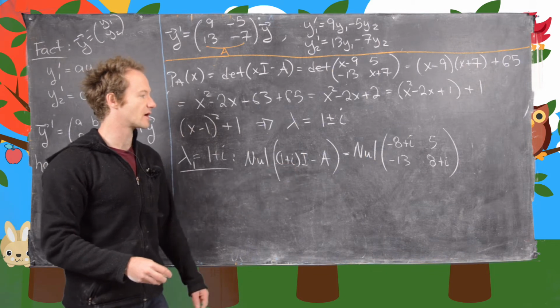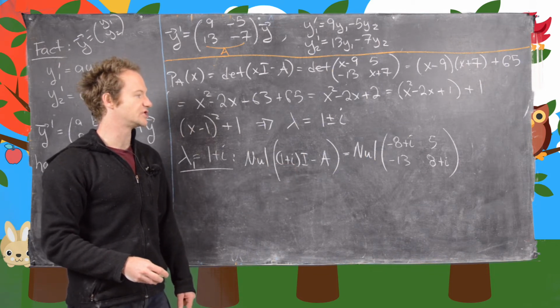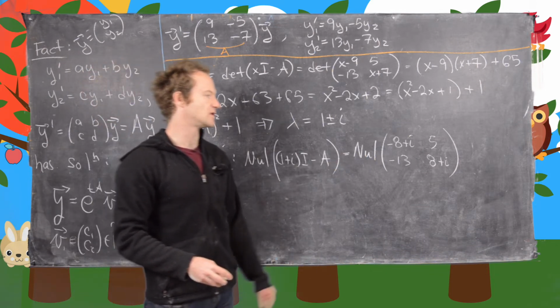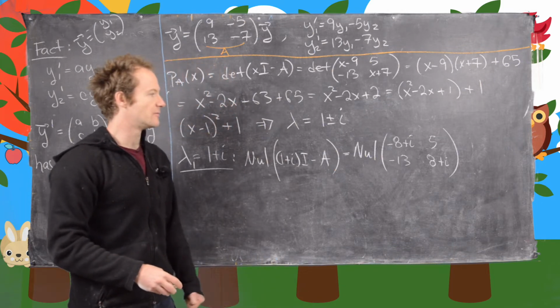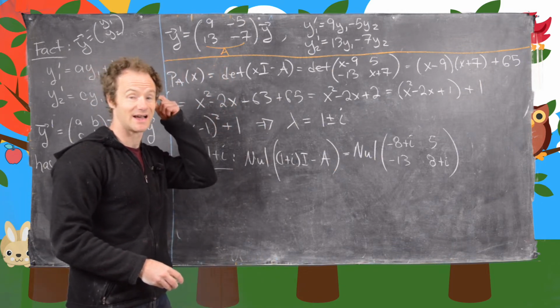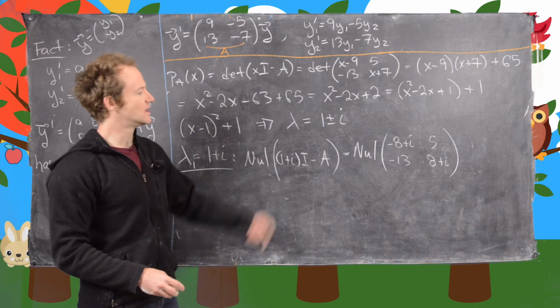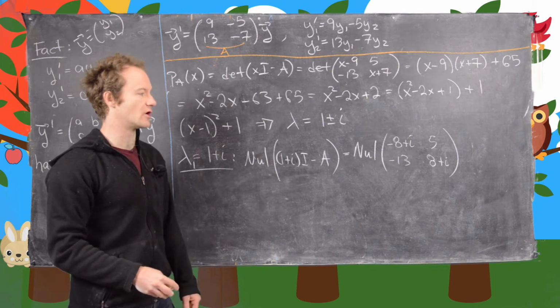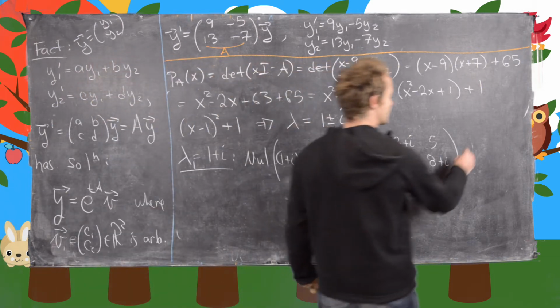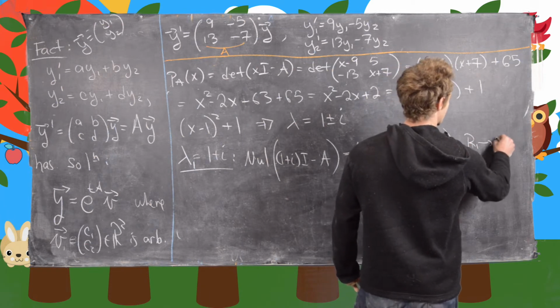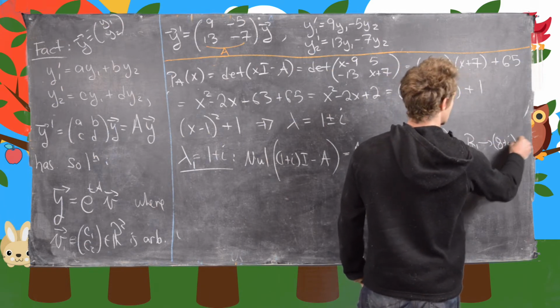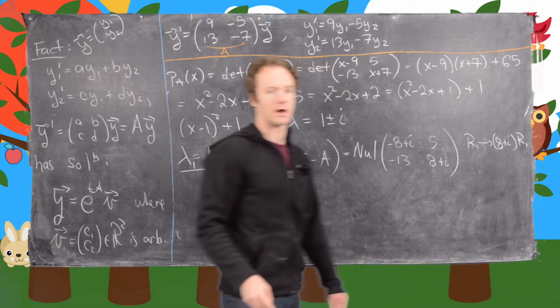Now from here, maybe a good strategy would be to multiply the second row by minus 8 plus i and see what happens. Or maybe, no, let's multiply the first row by 8 plus i. So row 1 is going to turn into 8 plus i times row 1.